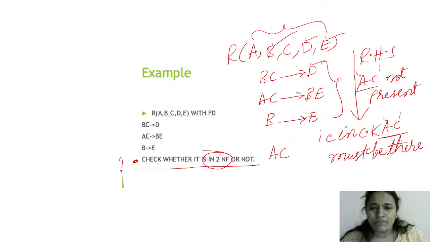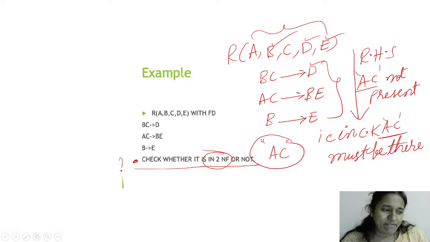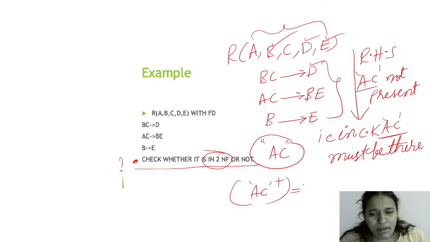Don't forget this. Whatever is not there on the right hand side, we have to try with that, because the candidate key should be minimum. If we don't get it in the AC closure, then we have to add some other attribute and take the closure. Initially, whatever is not there on the right hand side, we try that from the left hand side.